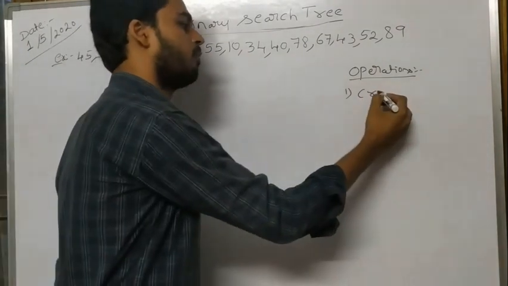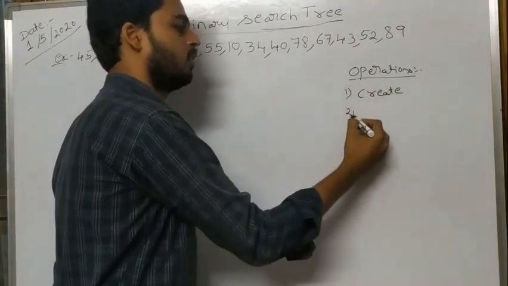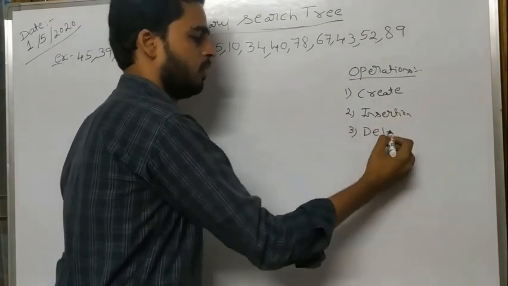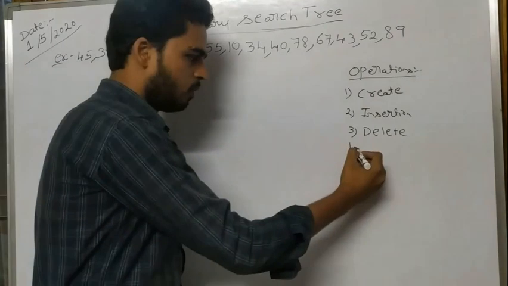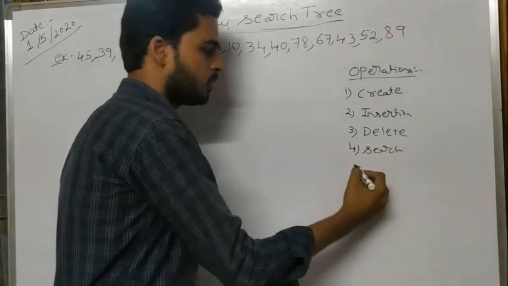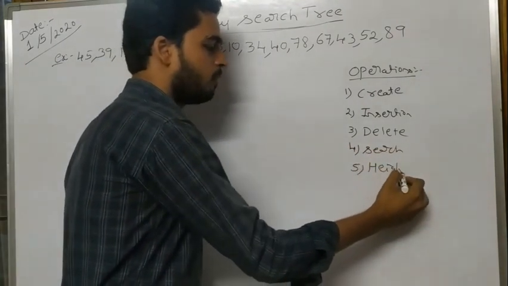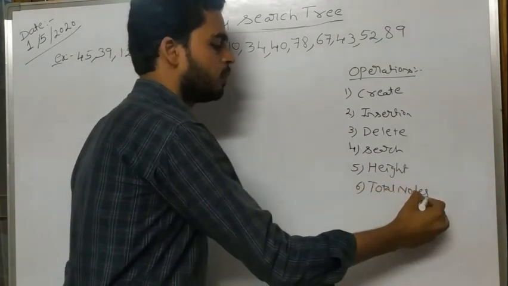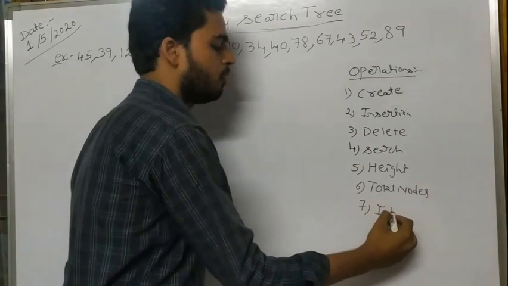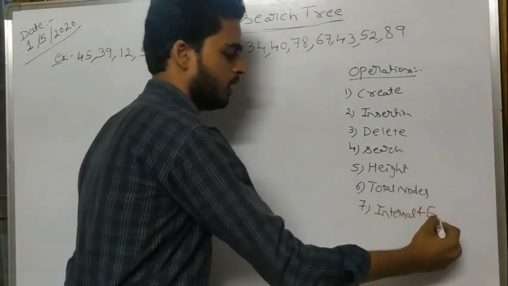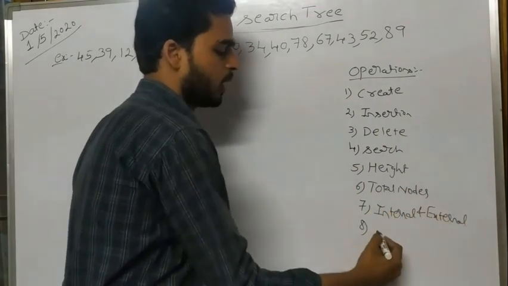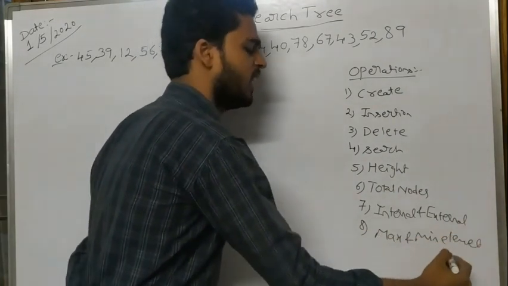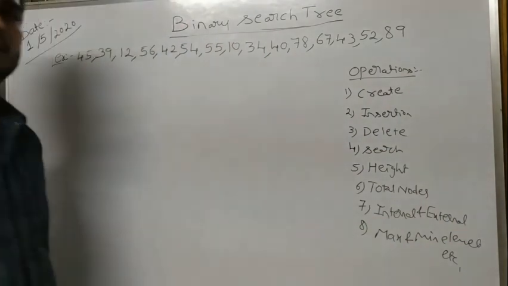We can create a binary search tree, perform insertion, delete, and search operations, count the height of a binary search tree, count the total number of nodes, count the total number of internal nodes and external nodes, take the maximum and minimum element of a binary search tree, etc. So various kinds of operations are there.